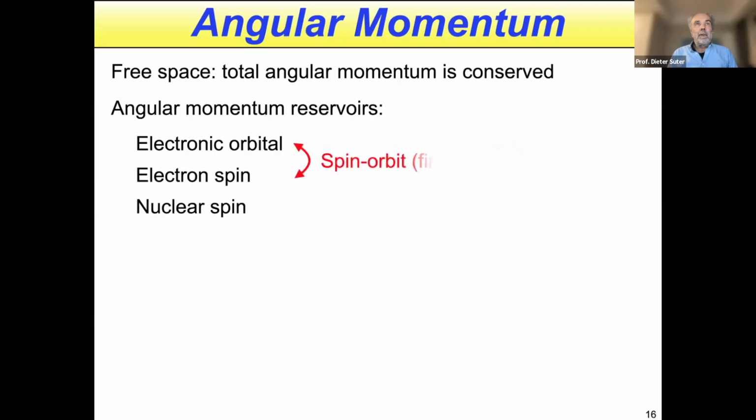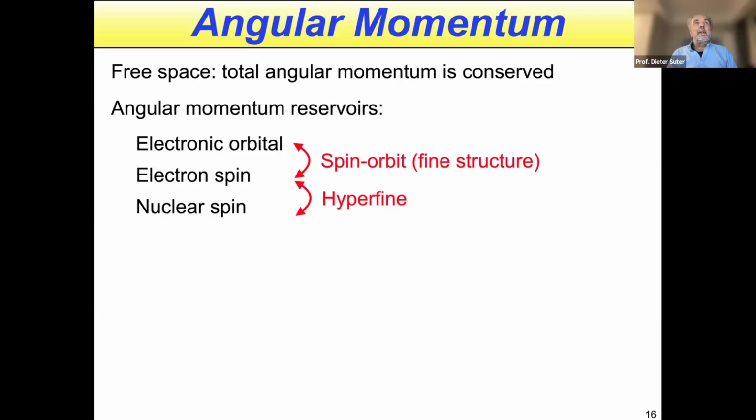They're not independent of each other. And we have, for instance, interaction between the orbital and the spin angular momentum of the electron, which is known as fine structure from atomic physics. And of course, we have the interaction between the electron and the nuclear spin, which is known as hyperfine interaction.